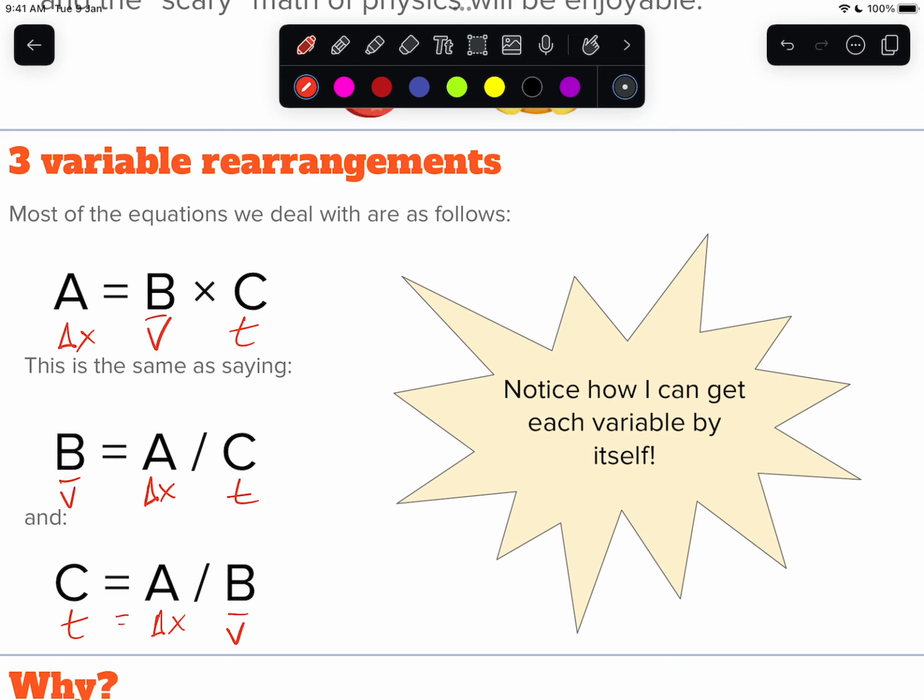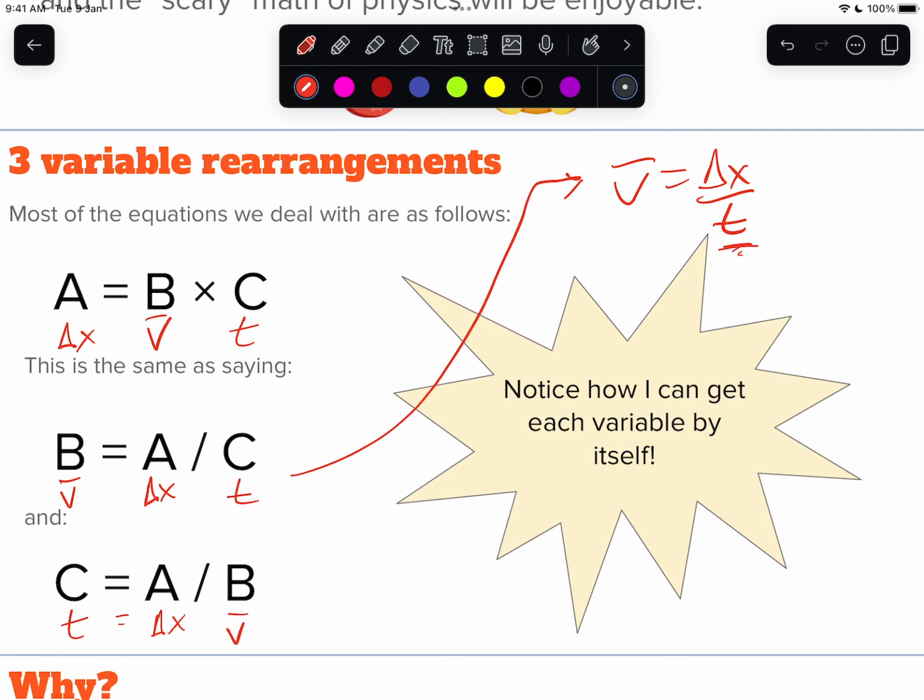And notice, this is our first real equation right here, right? Which is our average velocity equals change in x over t. So on many of your assessments, I've asked you, well, I want you to solve for t. I want you to get t by itself. I want you to isolate t.